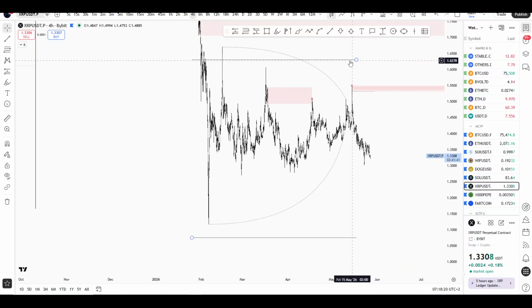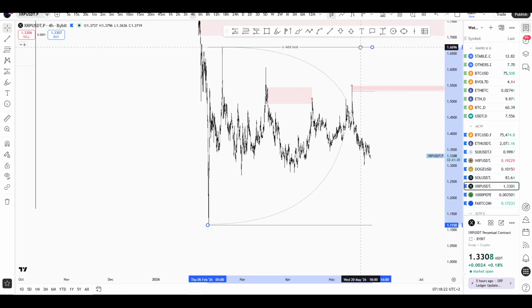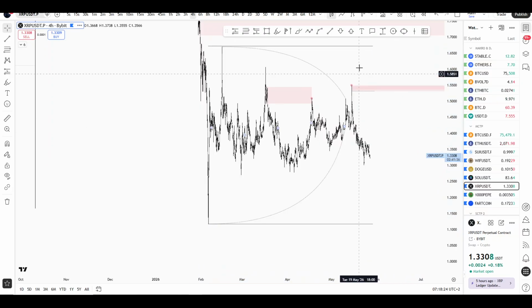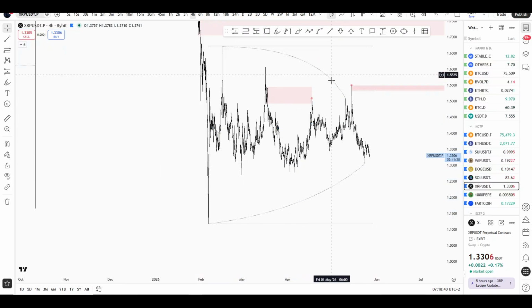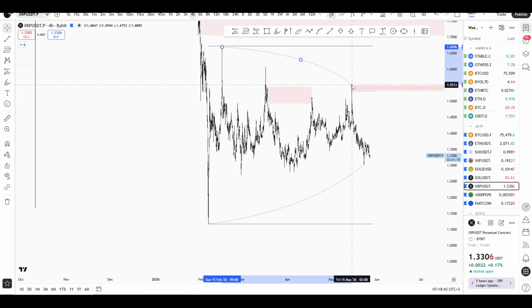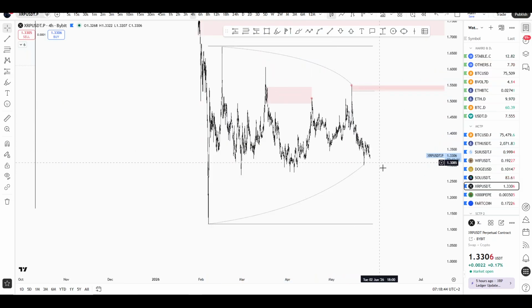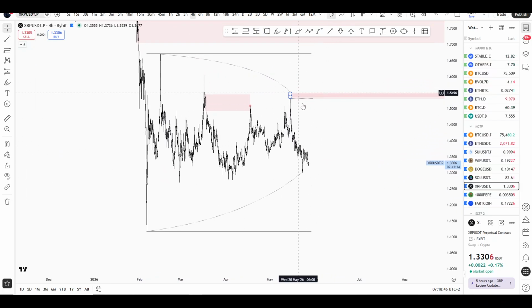a big compression here. So you can see we are leaving highs and leaving lows, and you can actually extend it, but you can see it's more coming to the downside.